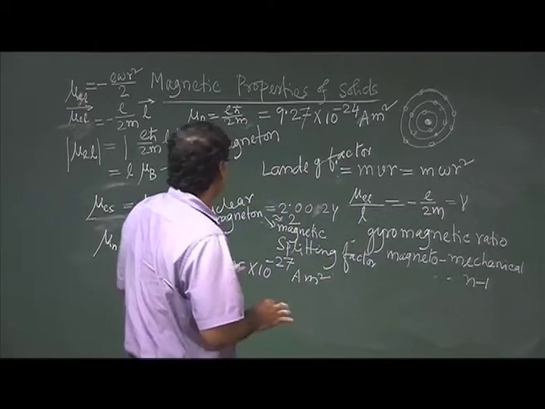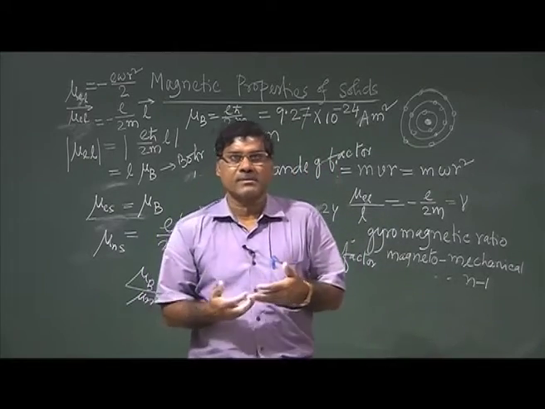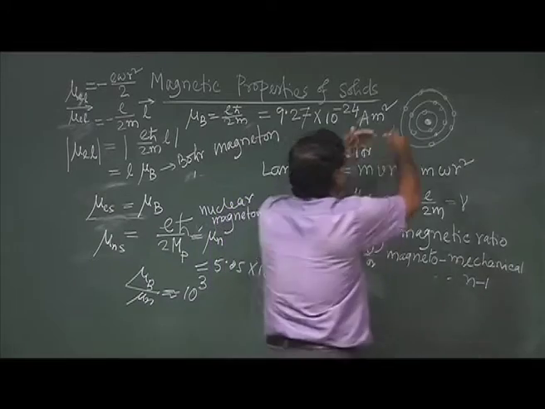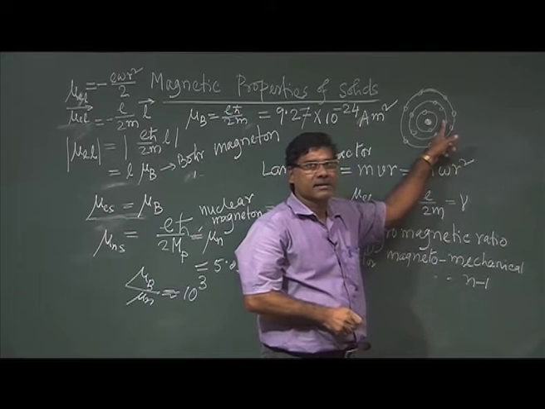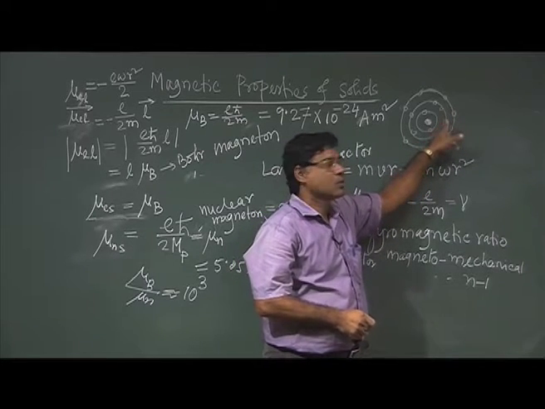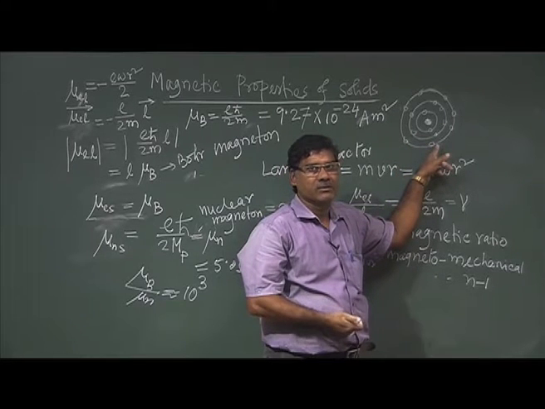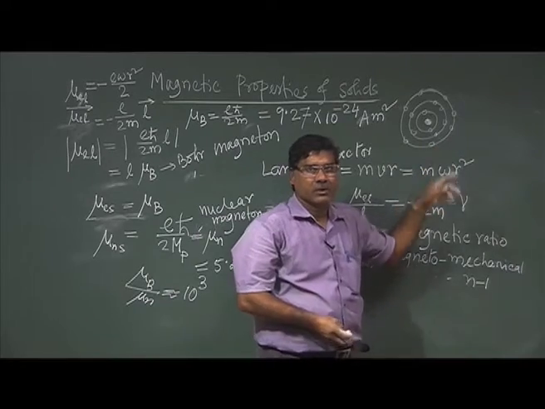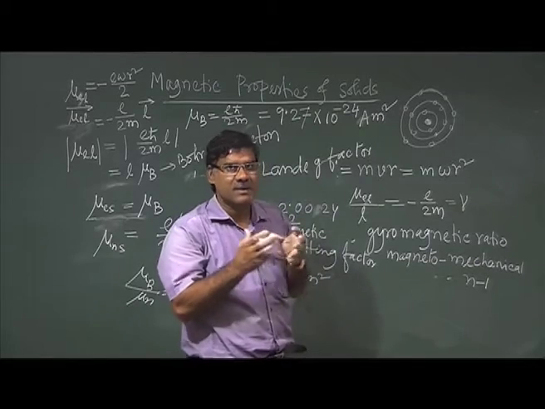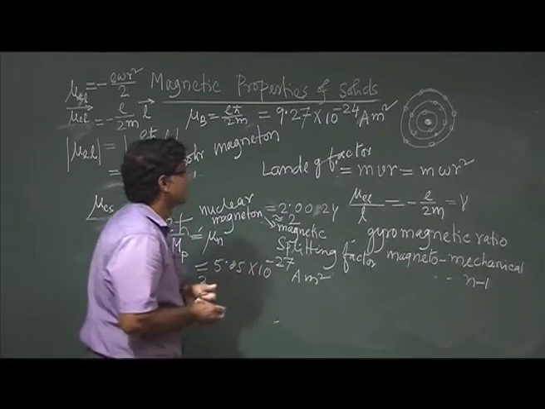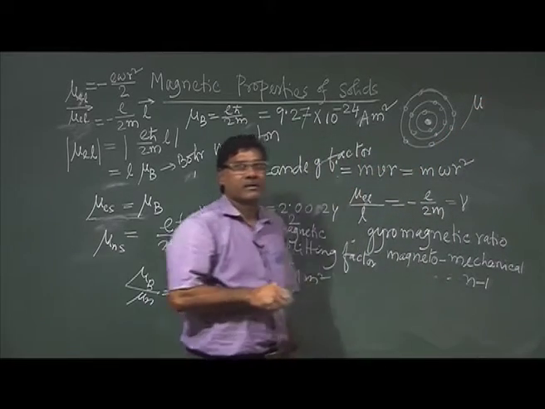So, overall what we saw is that the contribution to the magnetic moment of an atom comes from the orbital motion of the electron, the spinning motion of the electron, and the spinning motion of the nucleus. As a whole, all these three together give the moment of the atom, that is μ.